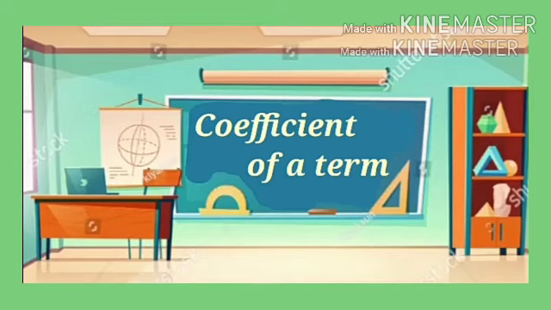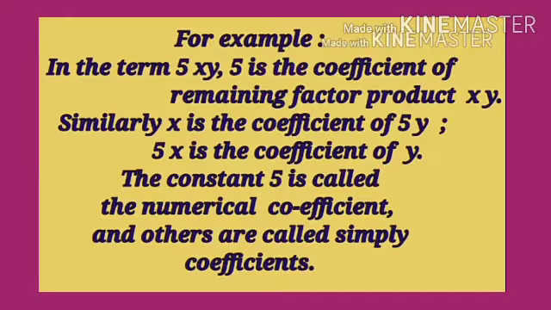Now let us recall what is coefficient of a term. A term of an algebraic expression is the product of factors. Here each factor or product of factors is called the coefficient of the remaining product of factors. For example, in the term 5xy, 5 is the coefficient of the remaining factor product xy.